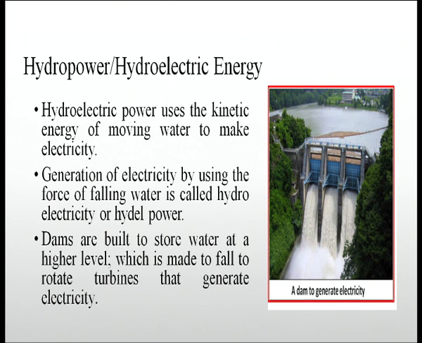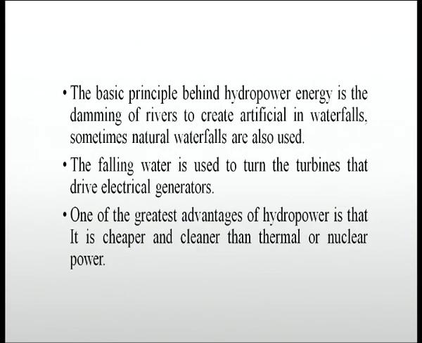Dams are built to store water at a higher level, which is made to fall to rotate turbines that generate electricity. The basic principle behind hydropower energy is the damming of rivers to create artificial waterfalls. Sometimes natural waterfalls are also used. The falling water is used to turn the turbines that drive electrical generators.